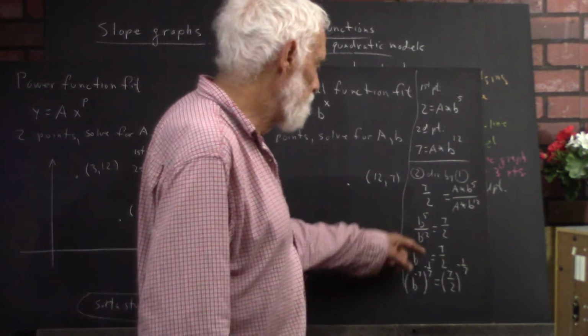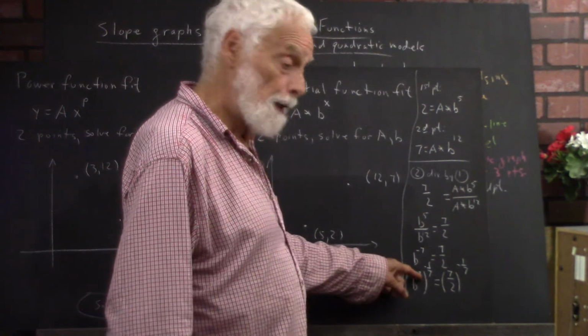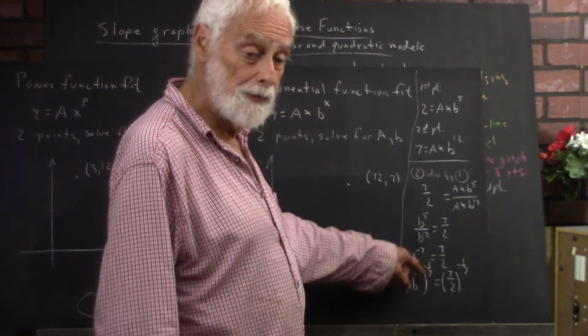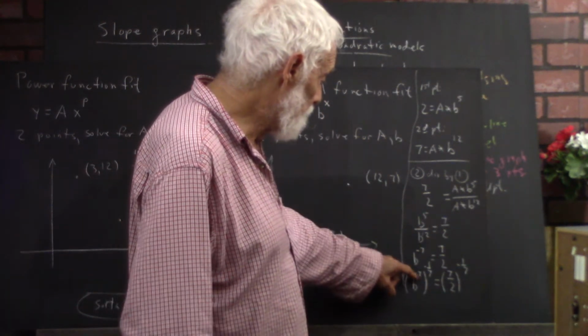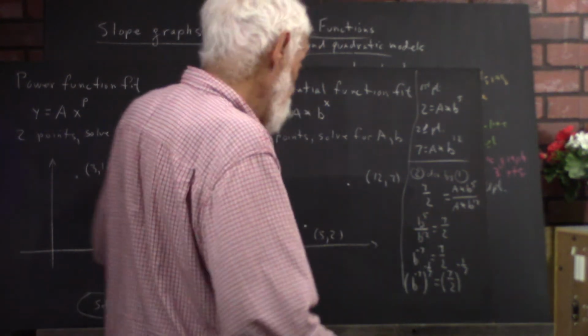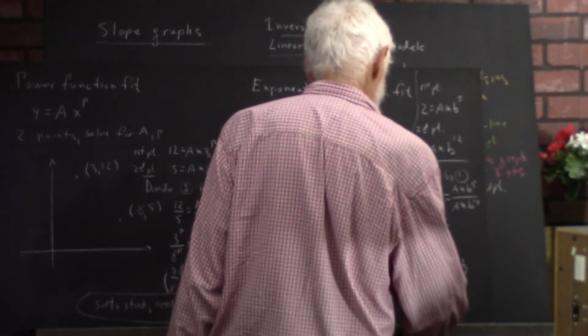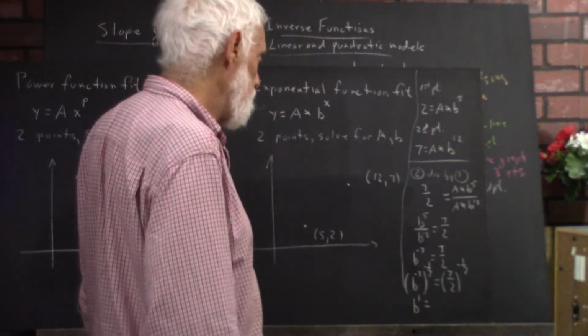But b to the -7th to the -1/7, you're multiplying exponents. -7 times -1/7 is 1. So b to the -7th raised to the -1/7 by the laws of exponents must be just b to the 1.